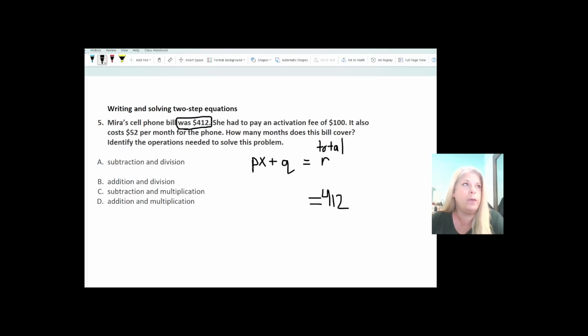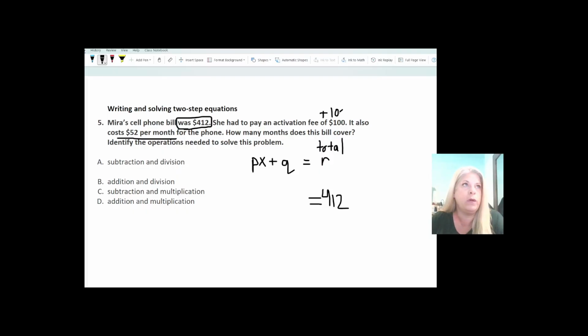Okay. The P times X has to be something per month or per week or per hour. It has to be multiplied by something. In this case, it's $52 per month, meaning every month she is going to pay this $52 over and over and over again. The activation fee is just a one-time thing that would be added on, right?